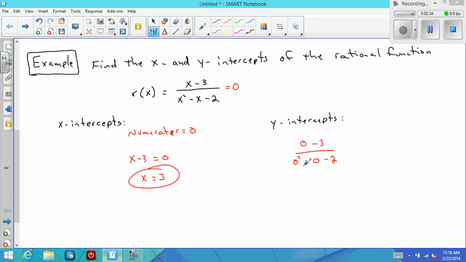So here I could write my 0 squared if I want. So 0 minus 3 is negative 3. 0 squared is still 0. Minus 0 minus 2 is negative 2. To simplify that, I get 3 over 2. And so my y-intercept is y equals 3 over 2. Or if I need to change it to a mixed number, it would be 1 and 1/2.